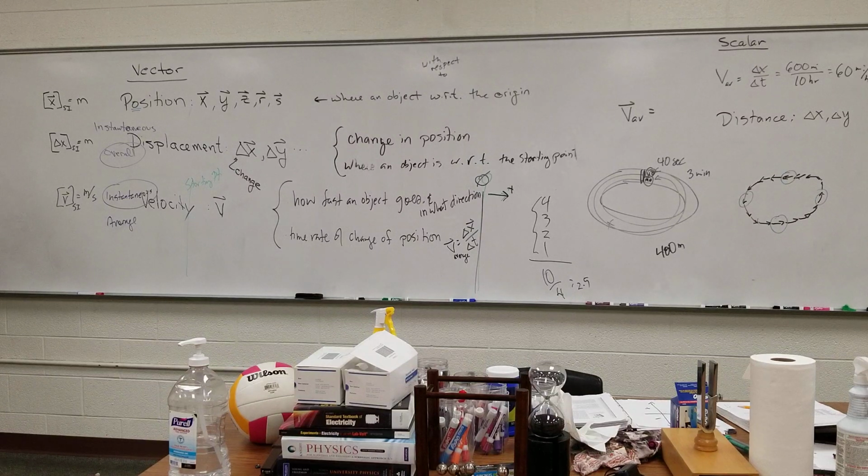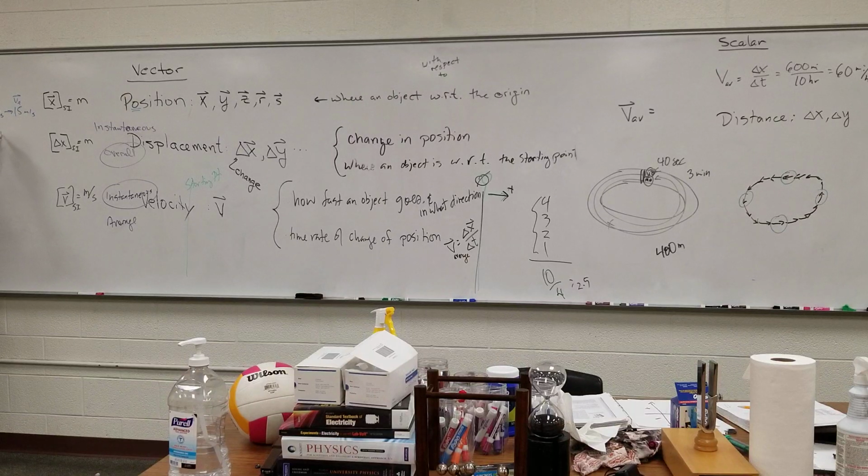Do a quick little math review here. If I go from 5 meters per second to 15 meters per second, so this is my initial velocity and my final velocity, again using the subscript i for the start, initial, and f for final.